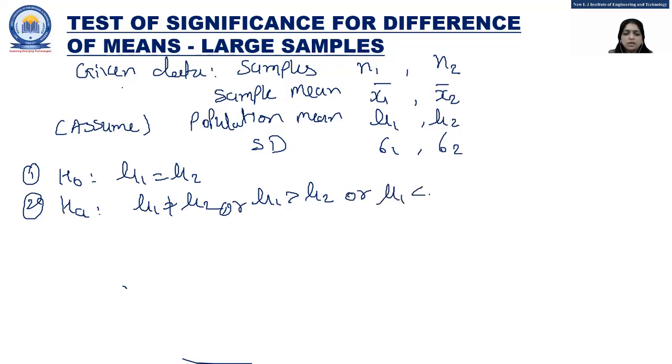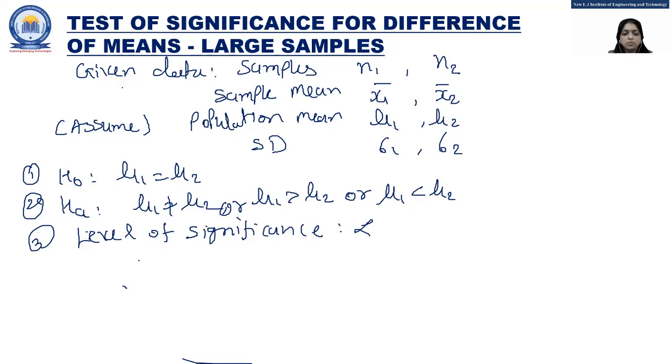Three possibilities are there, and it depends on the particular example. In the same way, your third step is level of significance, which is already given in the example. If it is not given, you have to take 5%, or we can say alpha equal to 0.05.